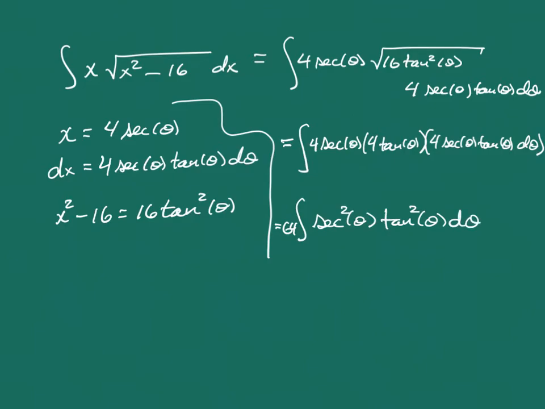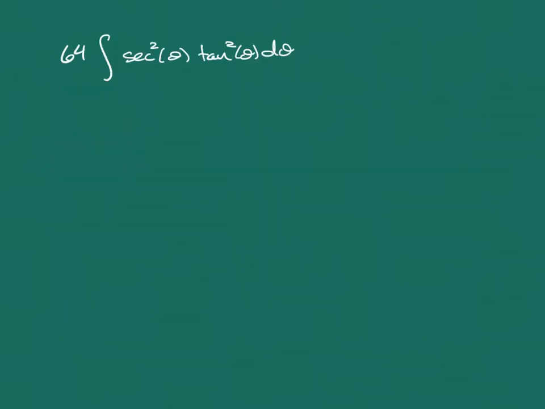Now we are back in the case of what we were doing before with trigonometric integrals. What do we do whenever we have powers of the secant and tangent, and those powers are both even? When the secant power is even, we can set up a u substitution with u equal to tangent theta, so that du becomes secant squared of theta d theta.